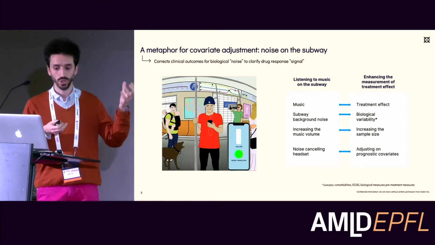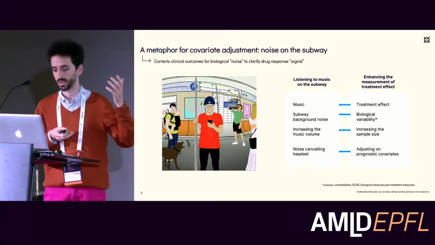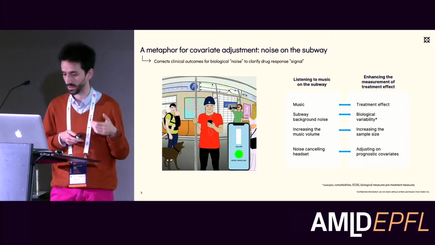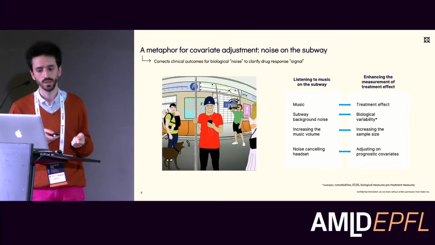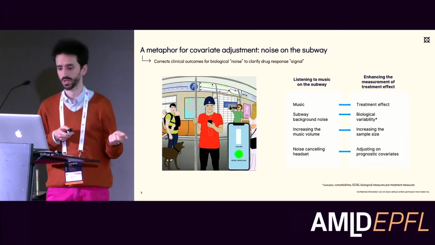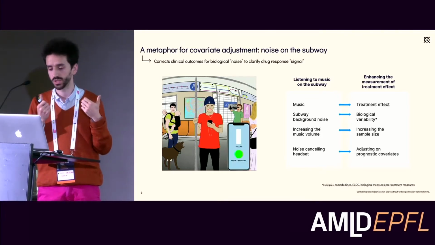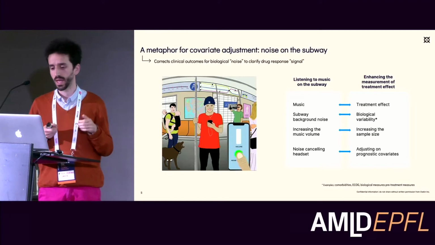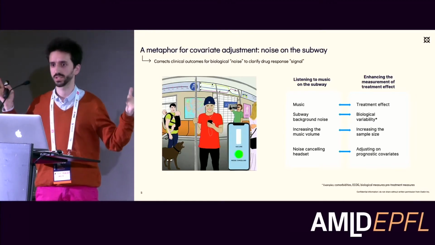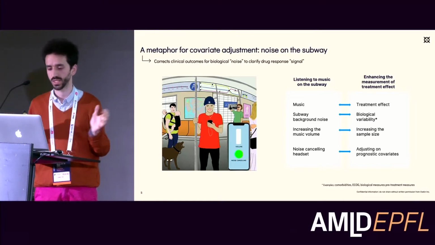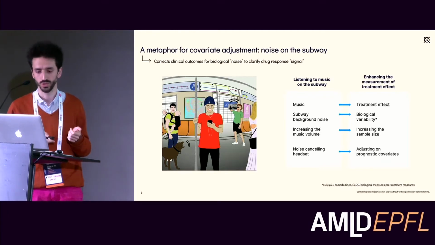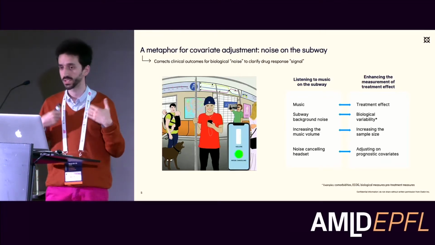We can think about signal and noise in a sound way. If you're listening to music on the subway, the signal you care about is the music you're trying to listen to. And you have all the subway background noise that's going to cancel out your music and stop you from enjoying it. So you can increase the music volume.